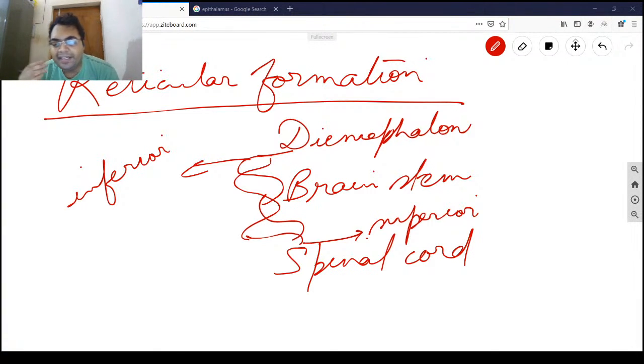Okay, it may project directly or through the epithalamus or the diencephalon region. And I'll tell you one thing regarding consciousness: many sensory stimuli can activate the ascending portion of the reticular activating system.